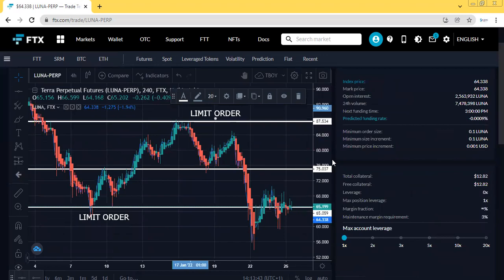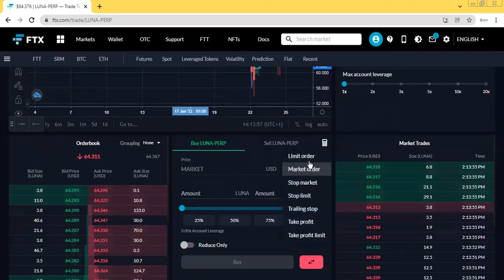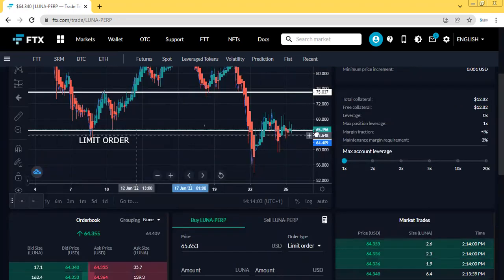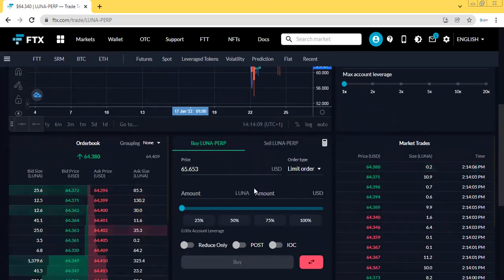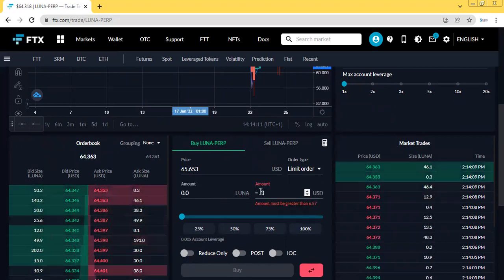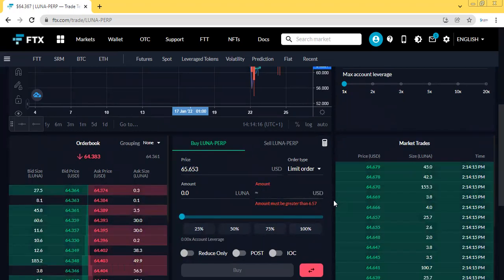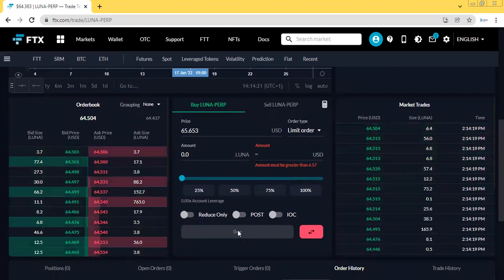You know that when you place the trade, you copy this number, and put the amount of crypto you want to trade, or 4 or 5. After putting it, you execute your trade. You place buy.